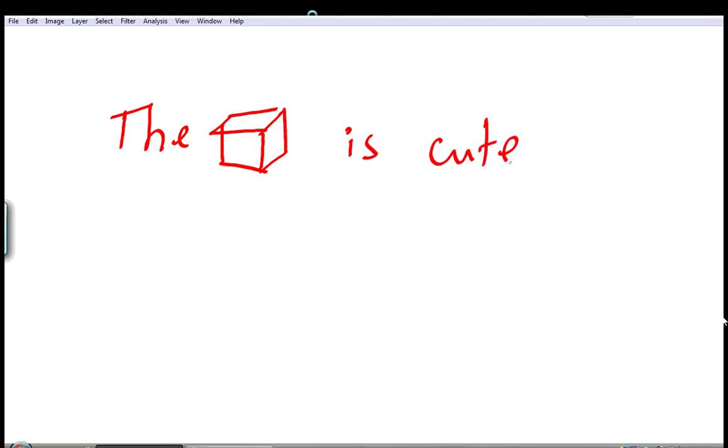Okay? So another thing, say for example, the cube, right, is cute. Although cute is very hard to translate in Arabic. So let's take something else.